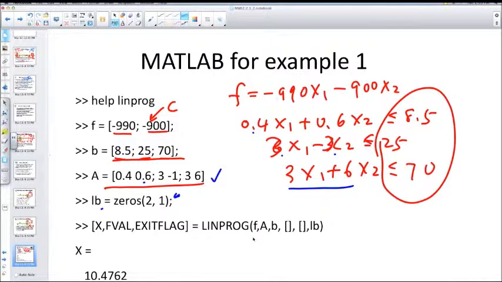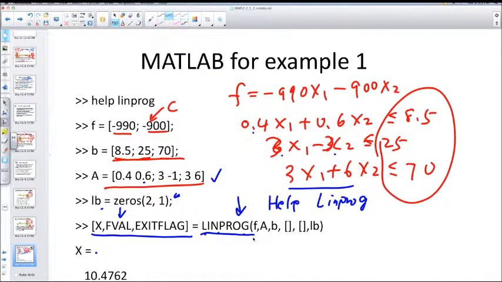Now you write the left hand, that's your solution. F value is your returned maximum. And the keyword is linear program, LINPROG. All you need is help LINPROG. They'll give you all this command that you copy and paste.